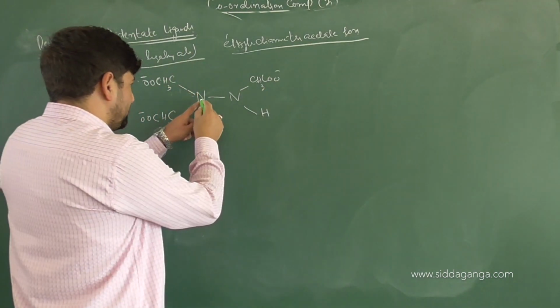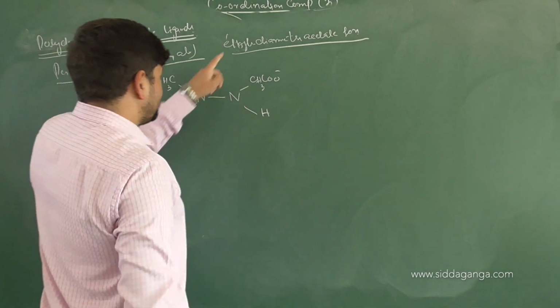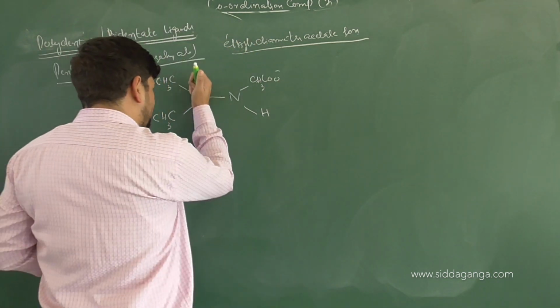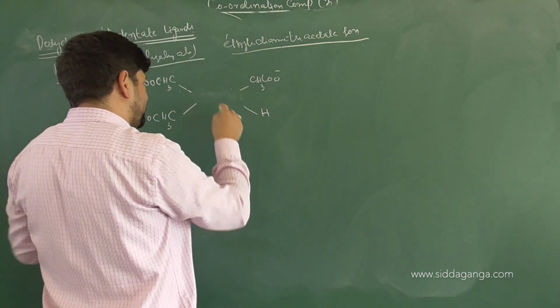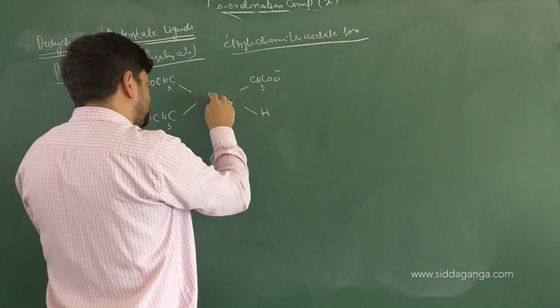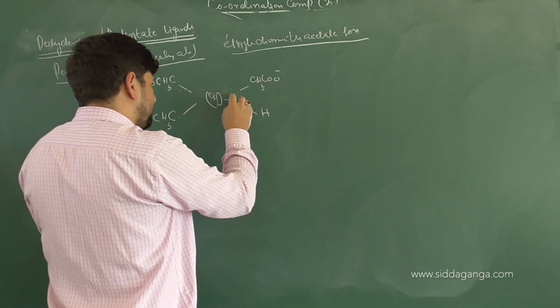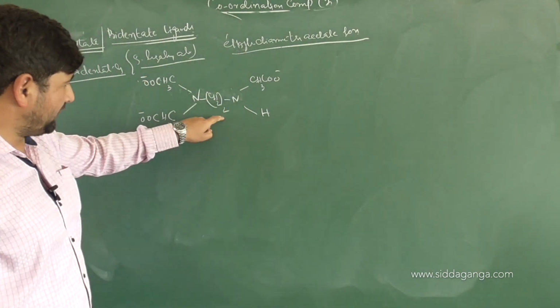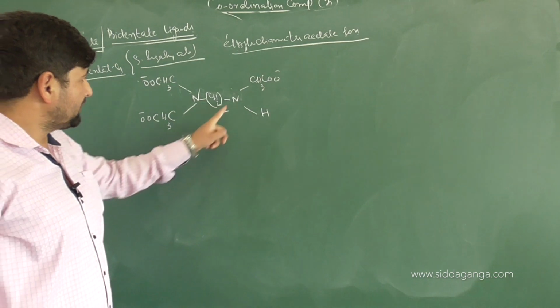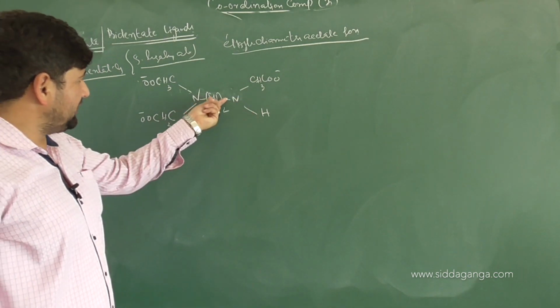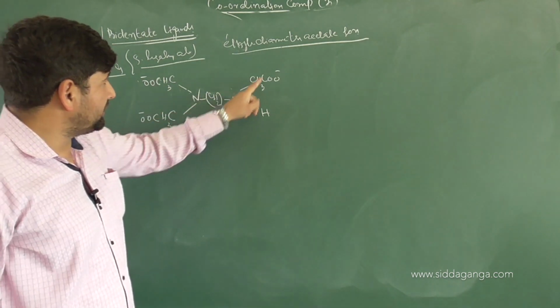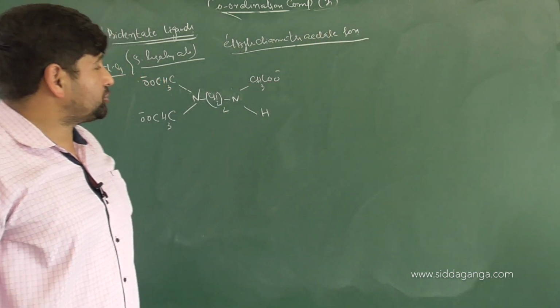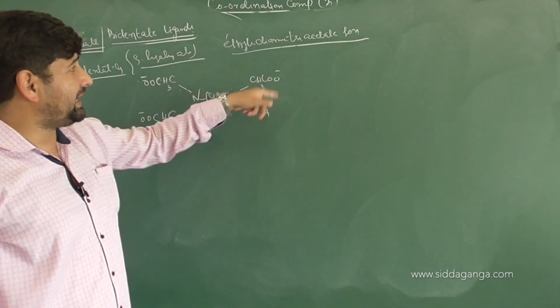So it is 2 amine groups, right? Because this is ethylene diamine. So what will be the group here? Instead of 2 nitrogens directly, it will be CH2 twice. Then this is nitrogen, then this is nitrogen, CH2 twice. Then nitrogen. So it is ethylene diamine triacetate ion. Actually it is ethylene diamine triacetic acid.